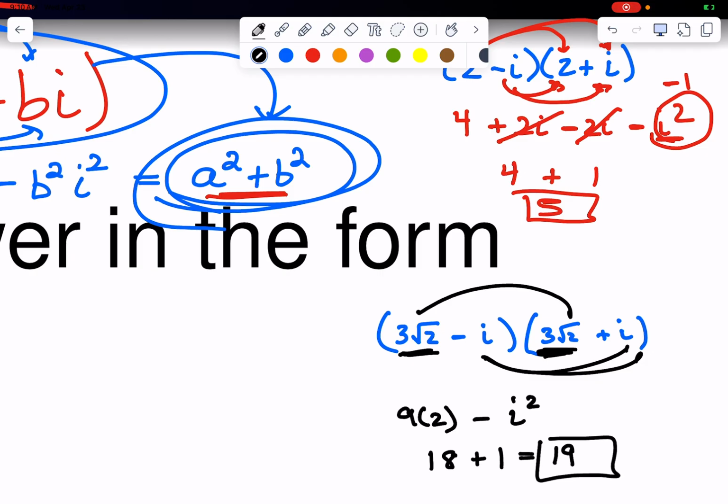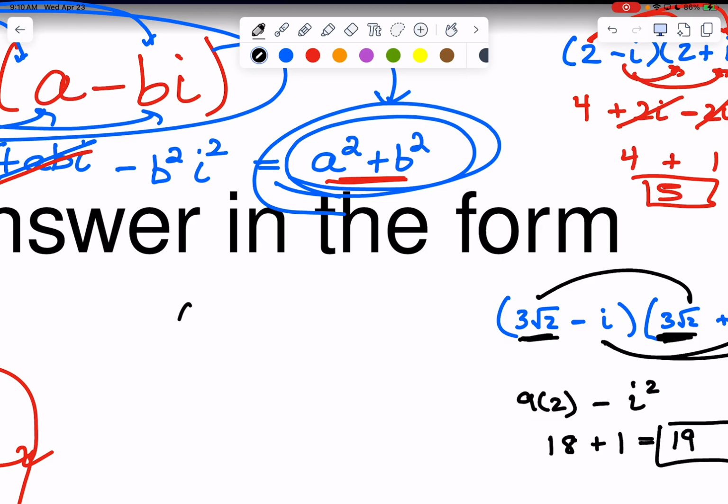So real quick for me, why don't you do this? Take 2 root 2 plus 4i, multiply it by its conjugate. Go.